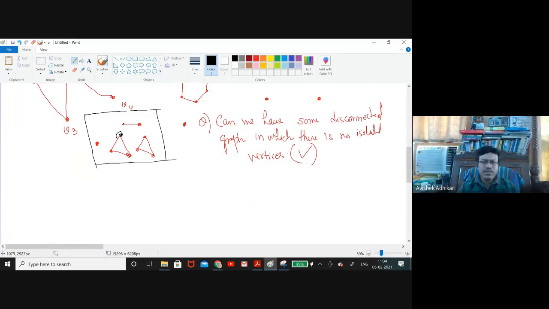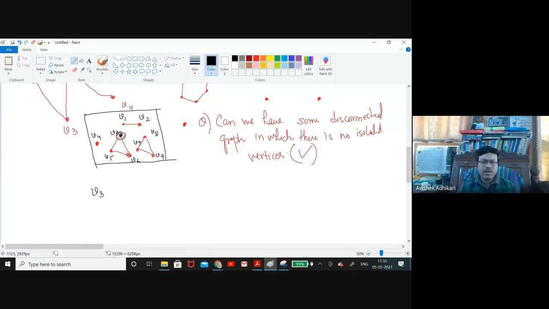Take this vertex and consider all the vertices with this. Say if I name them v1, v2, v3, v4, v5, v6, v7, v8, v9. Okay, so take any vertex. Say I have taken v3.